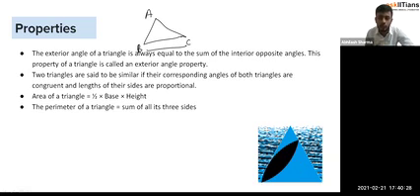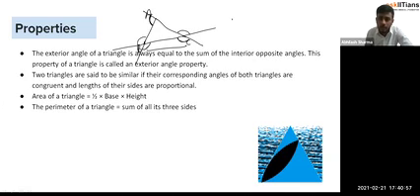But let us say all these angles that are being formed are exterior angles. If I extend this side here, this is exterior. If I extend this here, this is exterior. So I hope you all are getting the point of how exterior angles are formed.